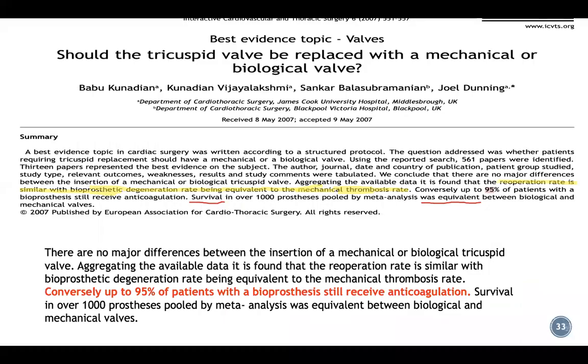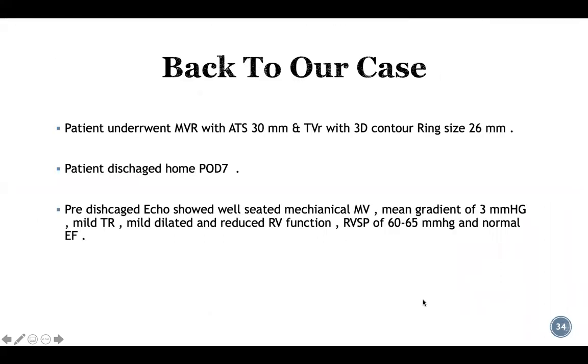A big meta-analysis in the evidence-based paper topics found that mortality is the same between mechanical and tissue. Reoperation rate is the same, however it is due to thrombosis in mechanical valve and degeneration in bioprosthetic valve. And they found that 95% of patients with bioprosthesis still receive anticoagulation for any other reason.